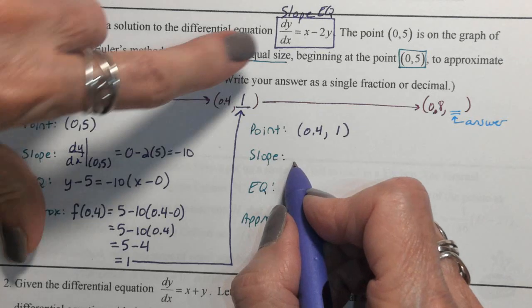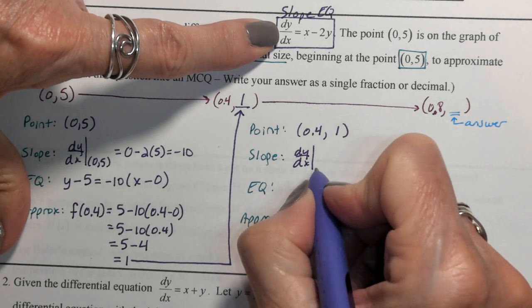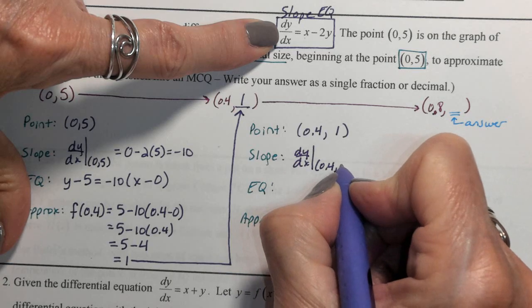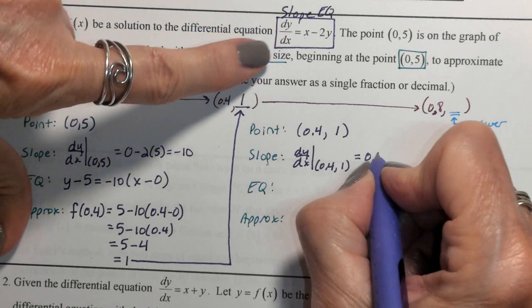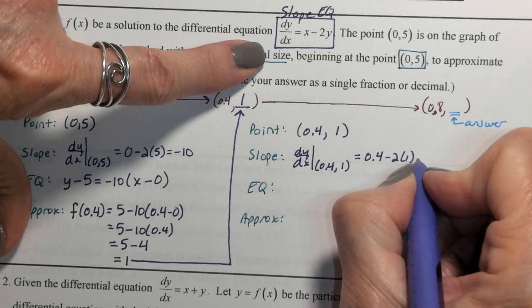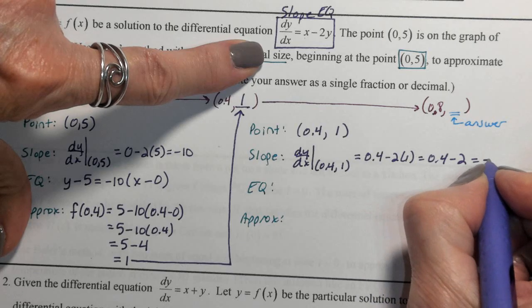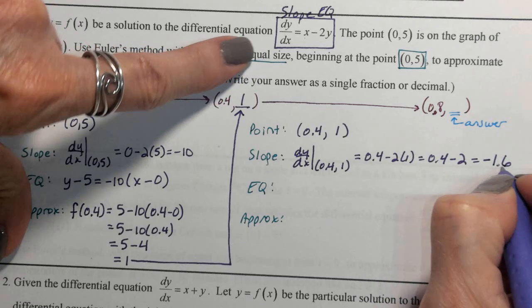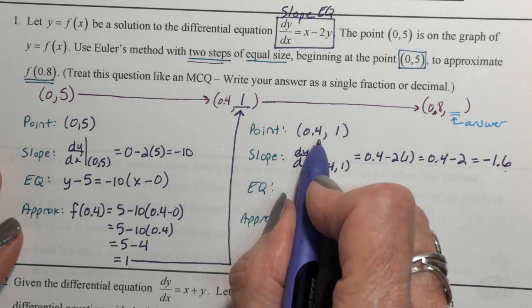The new slope is dy/dx at our new point. So we are putting 0.4 in for x and 1 in for y. So that's going to be 0.4 minus 2 times 1. 0.4 minus 2 is negative 1.6. That's our slope at that point.